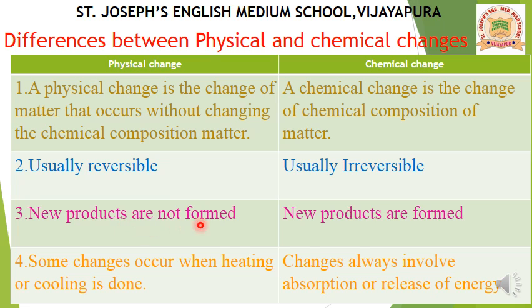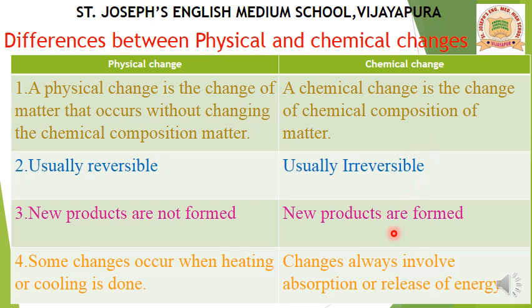In physical change, new products are not formed. No new substance is formed. Cutting of paper. I can take a piece of paper and make it into 100 pieces. Is any new substance formed here? No. Is there any chemical composition change? No. Color changes? No. Whereas new products are formed in chemical change.